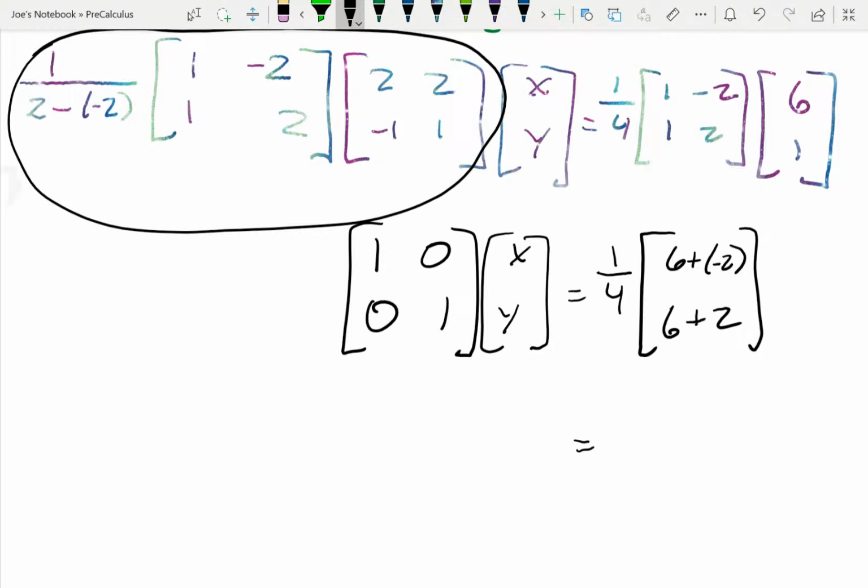Now here's why you don't actually have to write this. So watch this, ready? Help me out, I'm going to go across in the columns. 1 times x, what is that? X. And then I'm going to add to that 0. So the top element is going to be x. And then when I multiply this row, I'm going to do 0 times x, which is how much? 0 plus y.